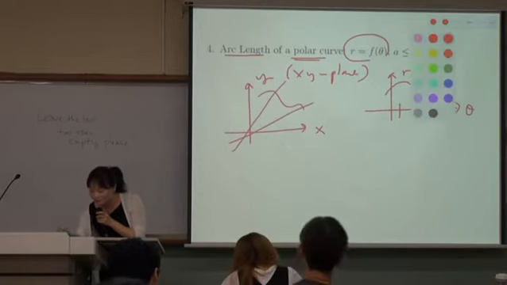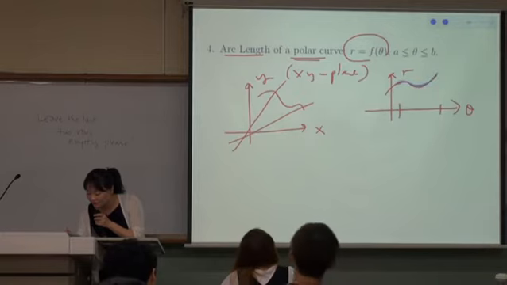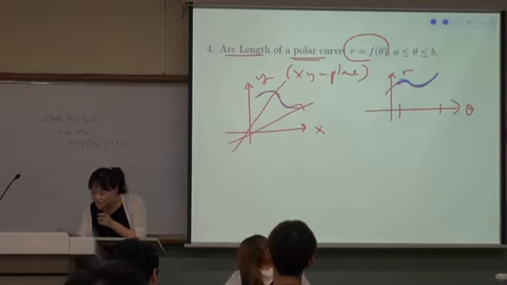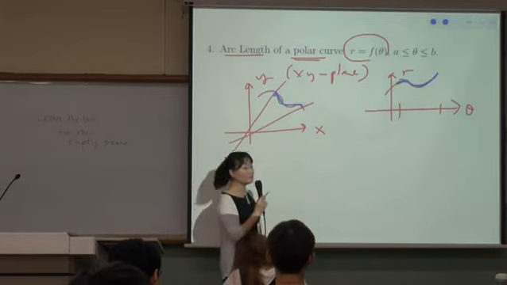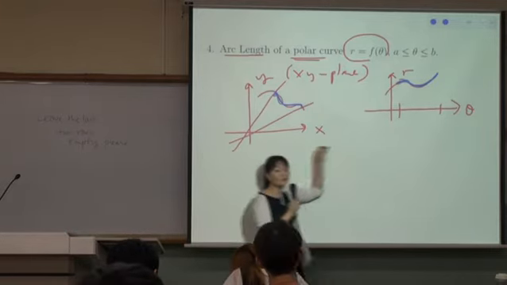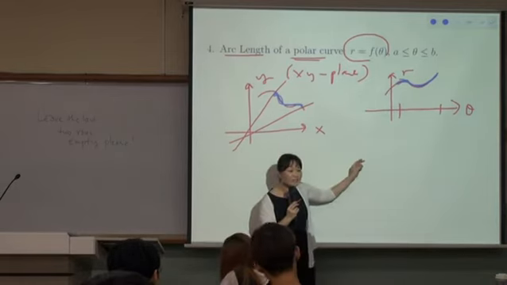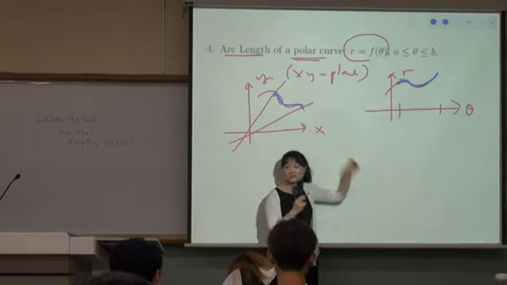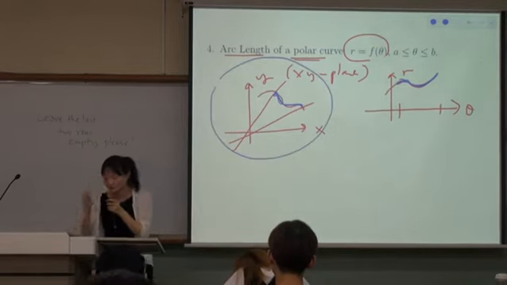So, the length here to there, and the length here to there, which length am I talking about? Number 1, number 2. Number 2. Are they the same? They are not the same, okay? So we are not doing this, we're doing this. So, polar curve length.